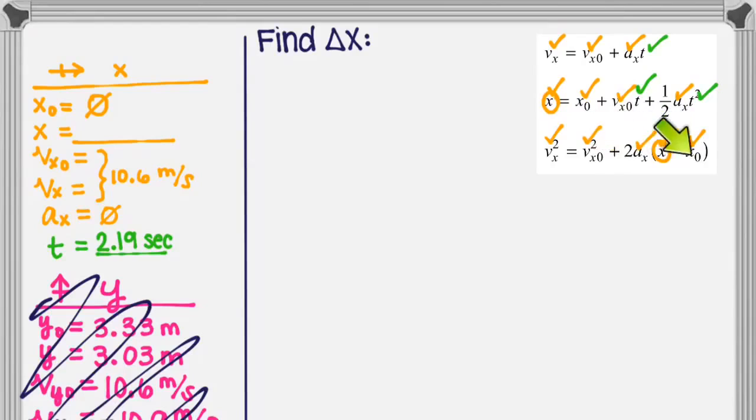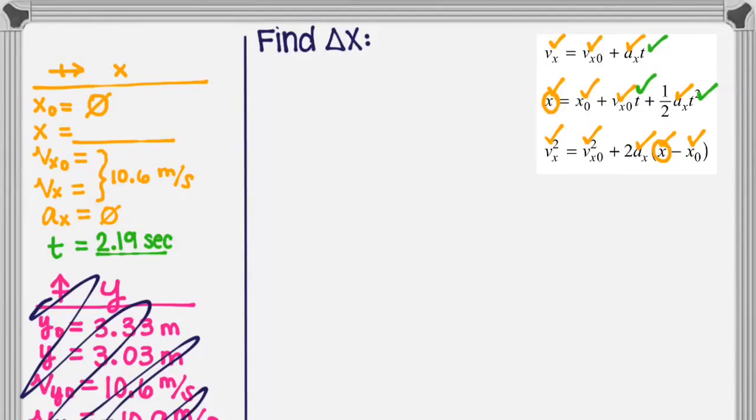This entire last term is going to go away because the acceleration in the horizontal direction is 0, which means what you're left with is Vx squared equals Vx naught squared, which tells me 10.6 meters per second squared equals 10.6 meters per second squared. Again, true but not helpful.